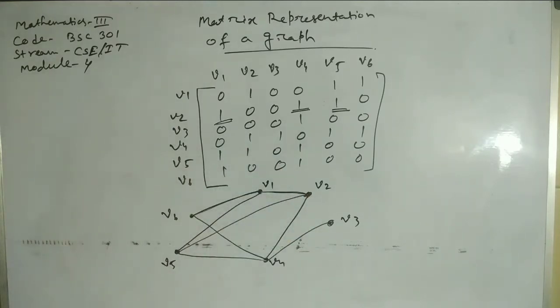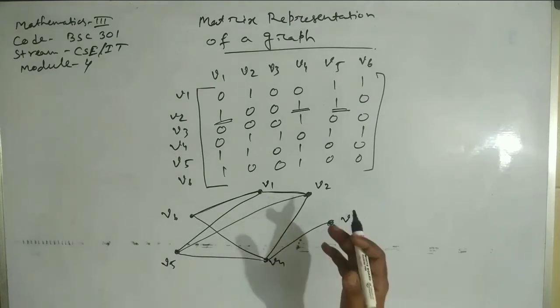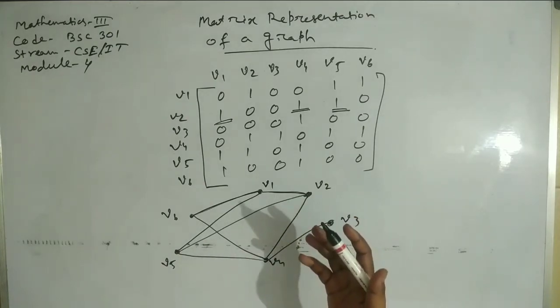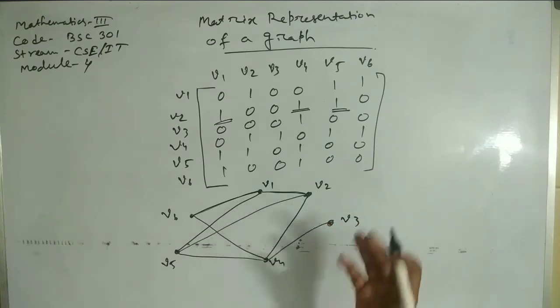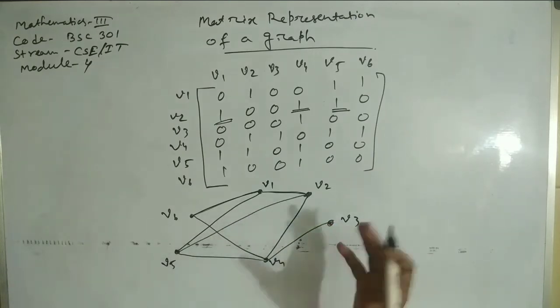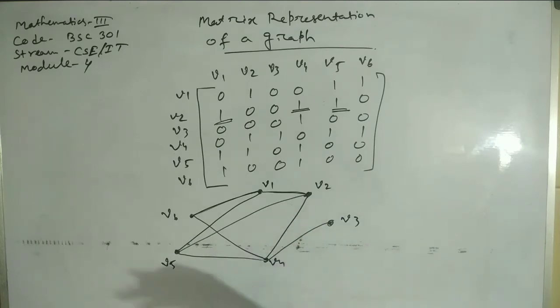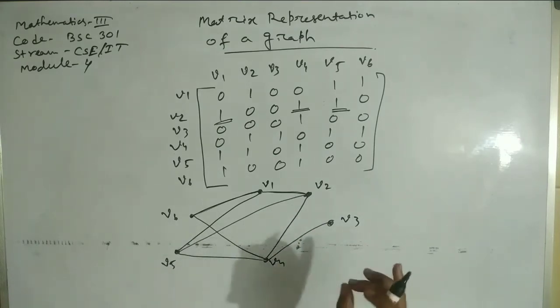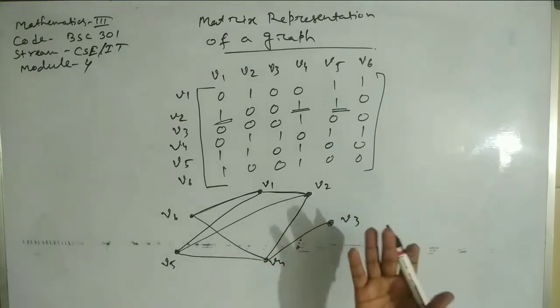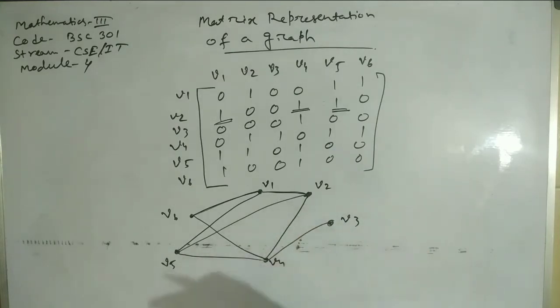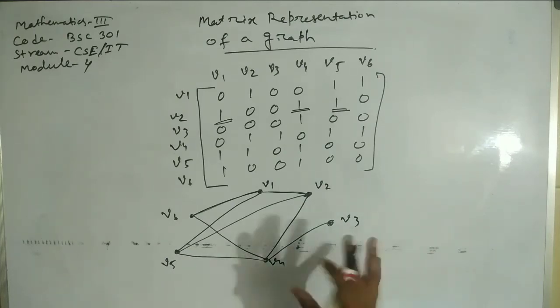So this is the process of how to draw a graph corresponding to an adjacency matrix. Now I have already told you some properties of the adjacency matrix. The adjacency matrix is always a square matrix. It is always a symmetric matrix. In a single row or a single column, just by counting the number of 1s, you can tell the degree of that vertex.